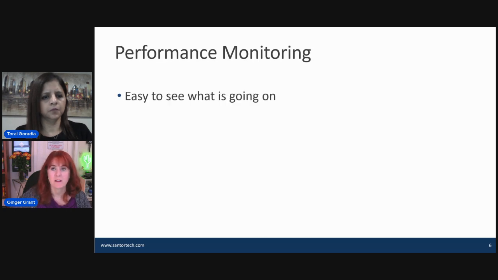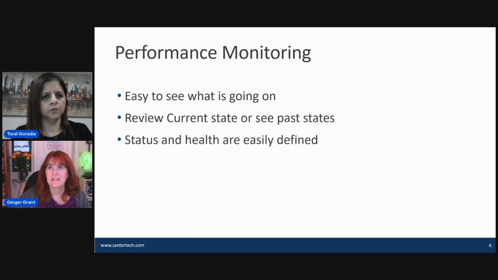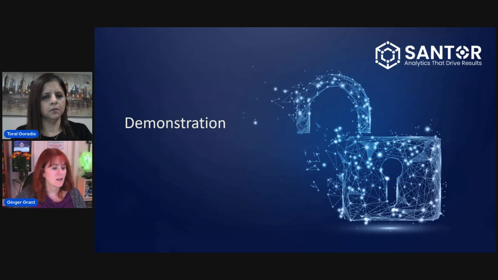So it's very easy to see anything going on. You can review the current or past states, and you can see the status and health of what you are doing. In addition, you also have the ability to do source control. So let's take a look at both performance monitoring and source control inside of our SQL DB.